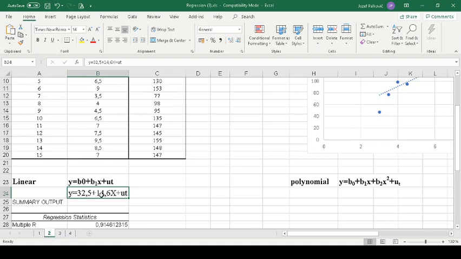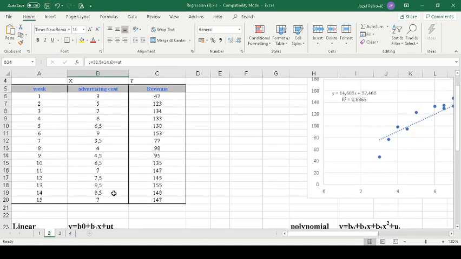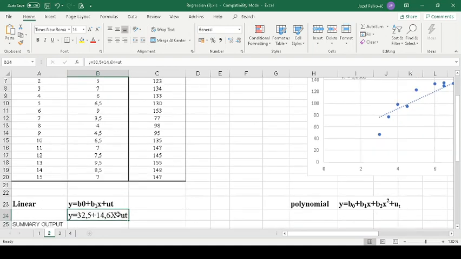The average increase of revenues will be 14.6. So once again, if advertising costs increase by 1 unit, the average increase of revenues will be 14.6, which means we have just sample data, sample evidence. In some cases the increase could be higher, in some cases smaller, but the average increase will be 14.6.